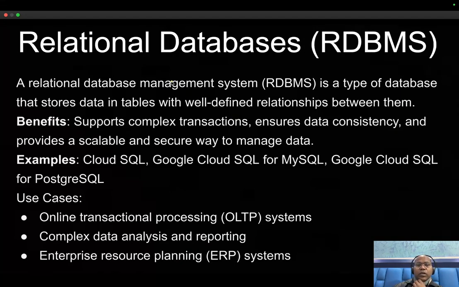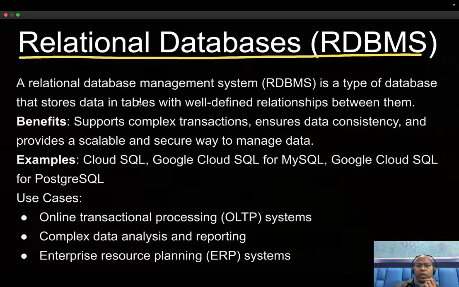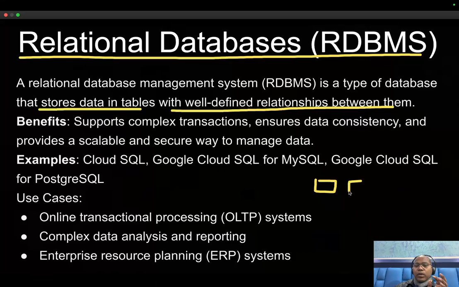First, let's talk about the relational database. As you know, a relational database is a type of database that stores data in tables with well-defined relationships between them. This is the beauty of relational databases. We store data in different tables, each containing rows and columns, and a relational database tries to avoid storing duplicate data.